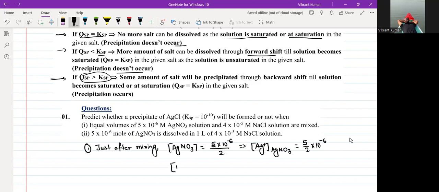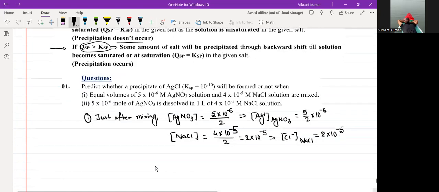Similarly, we'll calculate NaCl's concentration, which will become 4 into 10 raised to minus 6 minus 5 upon 2, which is 2 into 10 raised to minus 5. And that's why concentration of Cl minus from NaCl is also coming 2 into 10 raised to minus 5 again because each salt is giving you one anion.